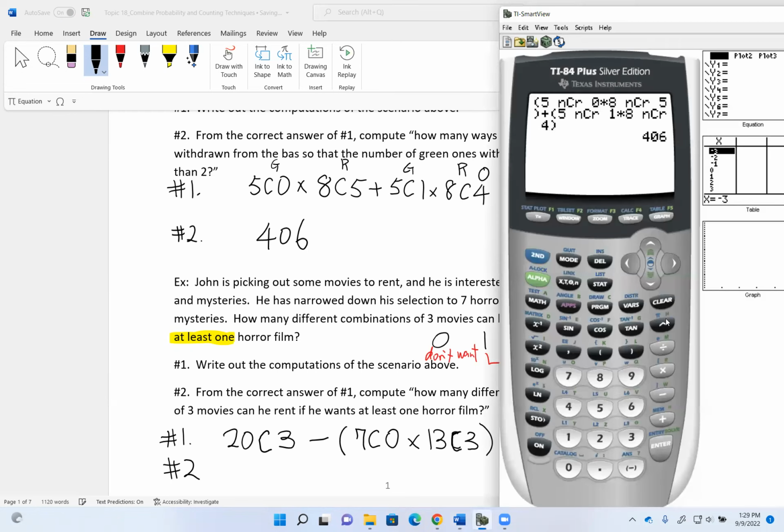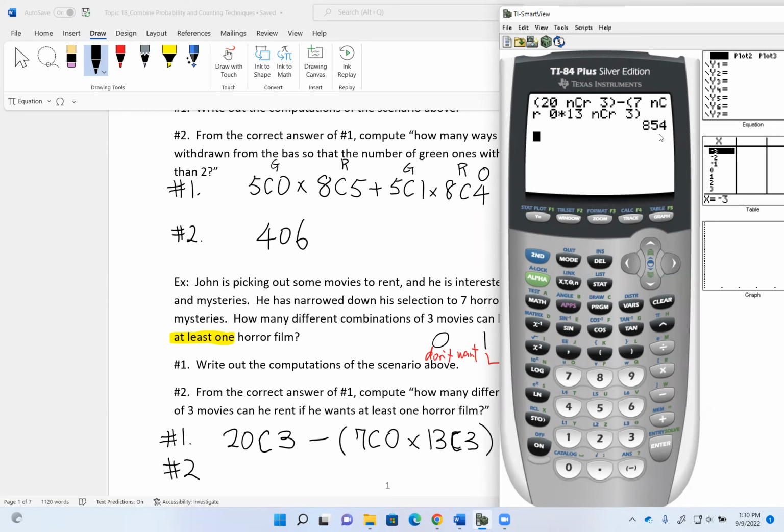Okay, let's put it in the calculator and see what we got. I'm putting in the parenthesis, 20 choosing 3. That's how many ways in total: 20 movies, selecting 3 of them. Minus what I don't want, which is 7 choosing 0, times 13 choosing 3 of them.